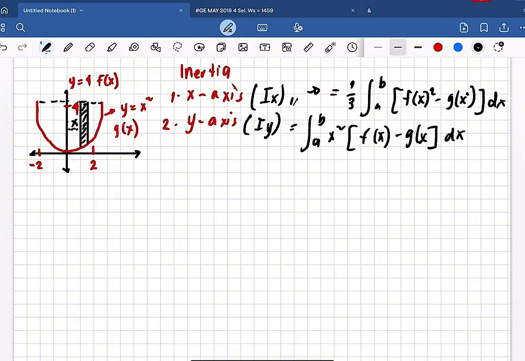So for our x-axis, this formula is used to find the inertia for the horizontal axis.